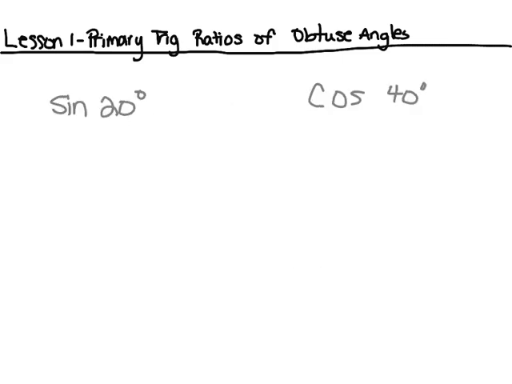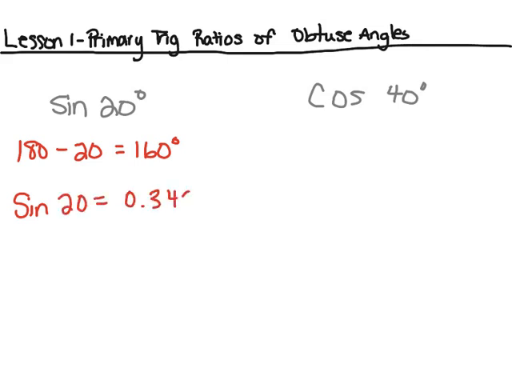Okay, for example 3, we want to find the angle that will be equal for the ratio. So we're going to find the supplement. We take 180 minus 20, and you get 160 degrees. Now we're just going to test that. Sine of 20 is equal to 0.3420. Type in your calculator sine of 160, and you should get 0.3420.